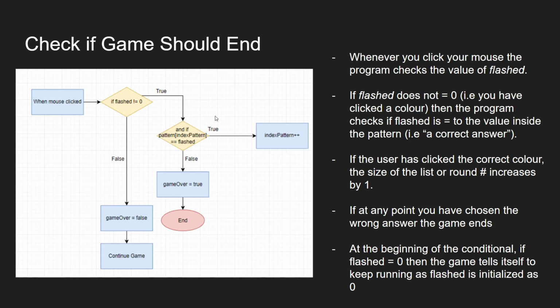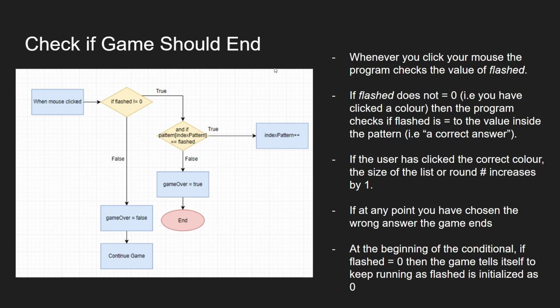Now I have this other flowchart which basically checks when the game should end. And so if flashed is not 0, which is a common occurrence, then the pattern, and this is like when you click a shape or a color, the color would be basically added to the list and then the next index, and this can repeat.